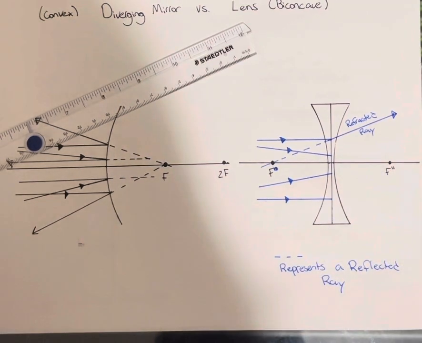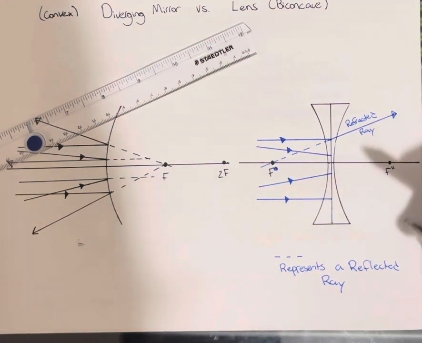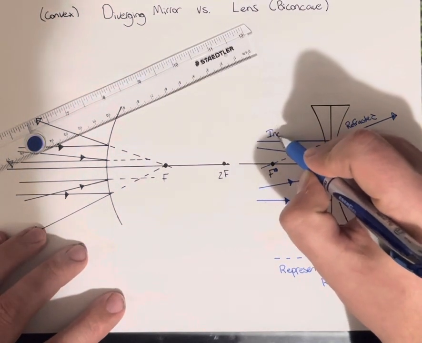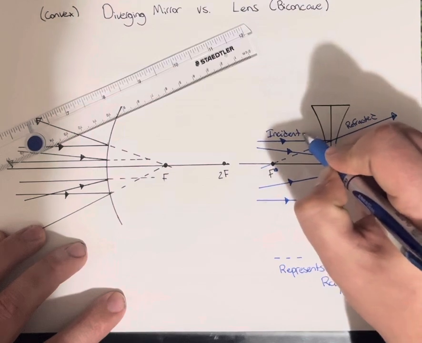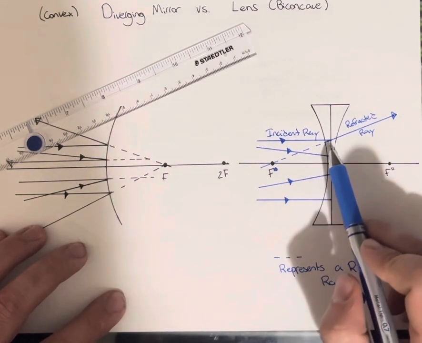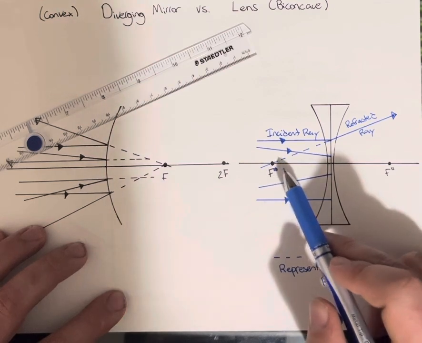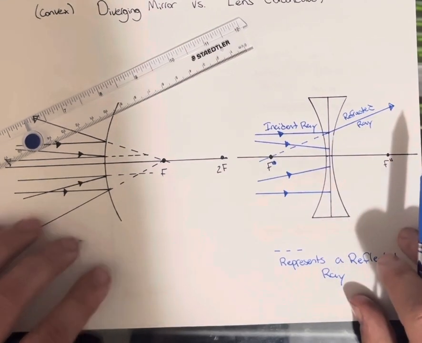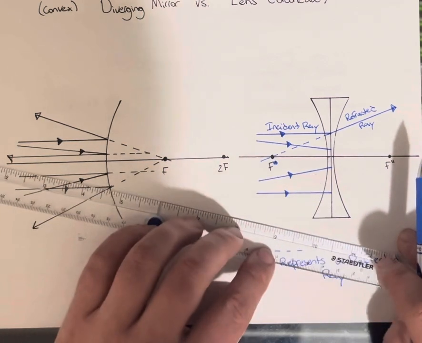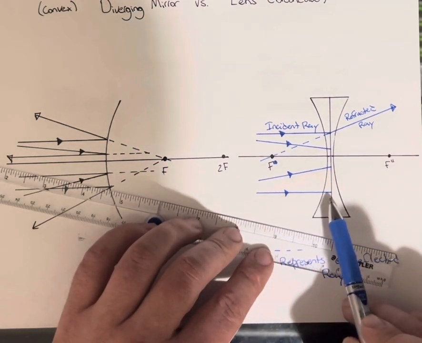So unlike our examples where we were using converging lenses, now we're actually going to have three types of rays. We have our incident ray, we have a refracted ray, and now we're also going to have a reflected ray. Right, so just something to keep in mind as we move forward. And the exact same thing would be true if we were looking at this individual incident ray.